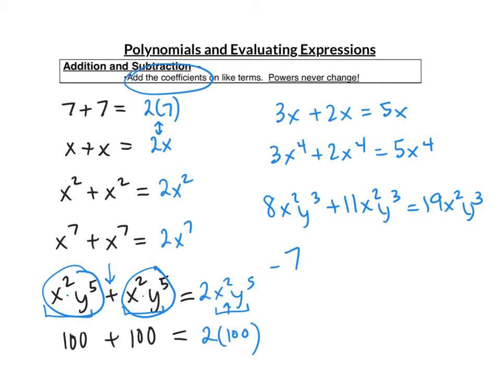If I say negative 7xyz minus 2xyz, I take negative 7 minus 2, which is negative 9, and that's xyz. The term never changes. The powers never change. You add the coefficients on like terms, and the powers never change when you add and subtract.